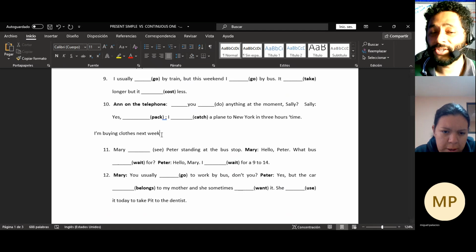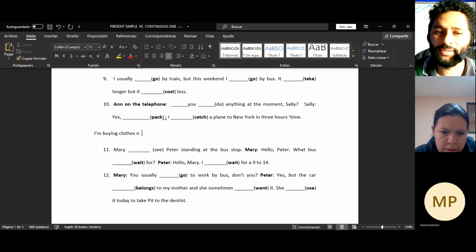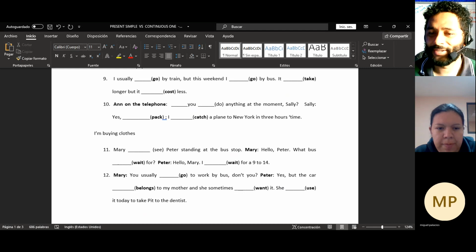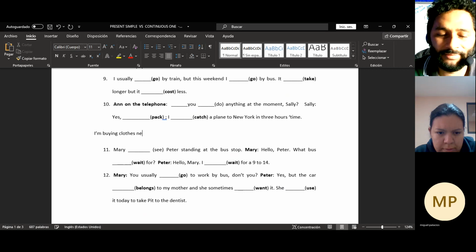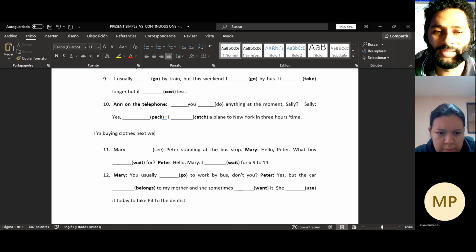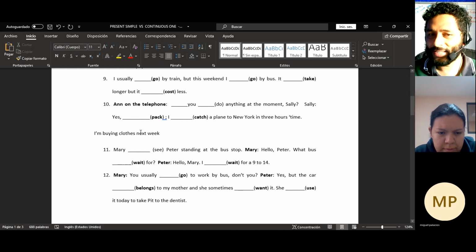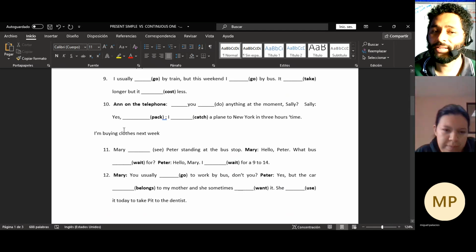Okay. So, for example, if you have this, just like this, significa, estoy comprando ropa, ¿no? Pero si tú le pones esto, o sea, el cuándo, next week, en el momento en el que tú haces eso, se convierte en futuro. I'm buying clothes next week.